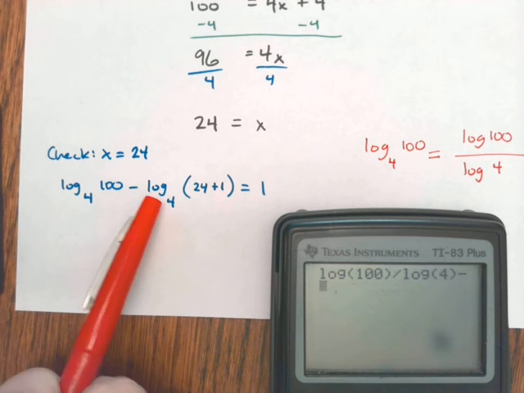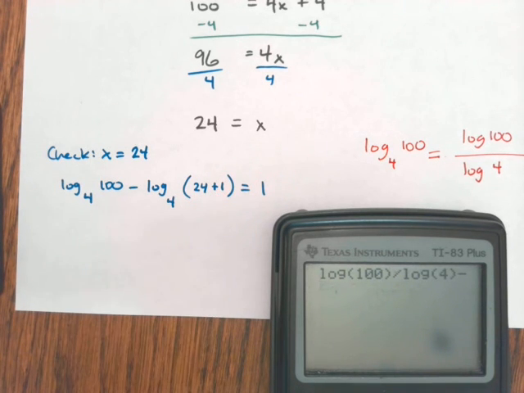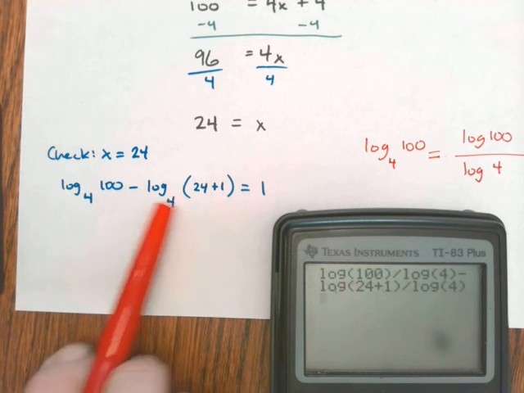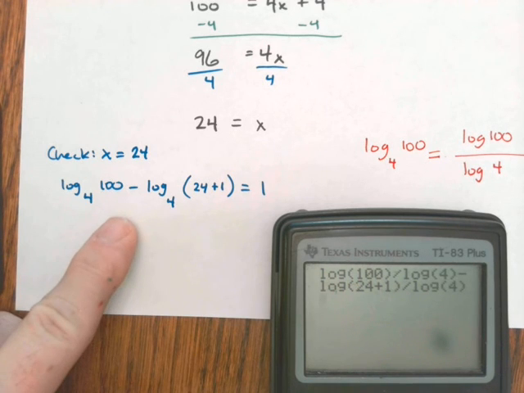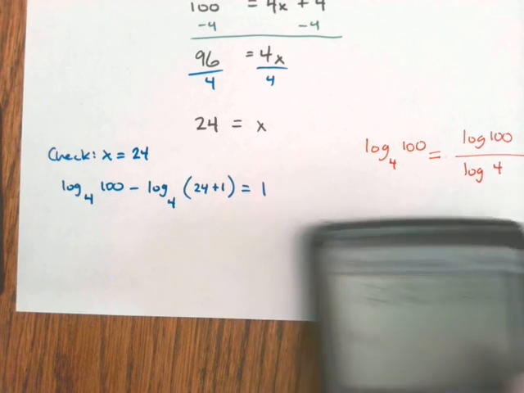I'm going to do log of 24 plus 1 over log of 4. You certainly can write that as log of 25 divided by log of 4, but just type it in exactly the way that it is there. So using the change of base formula, I now have the left side typed in, and it says that that does equal 1.